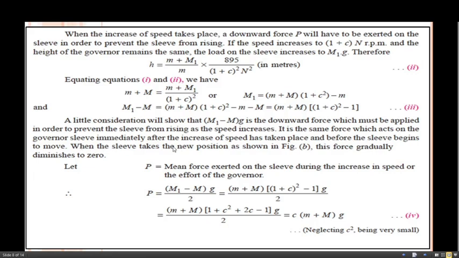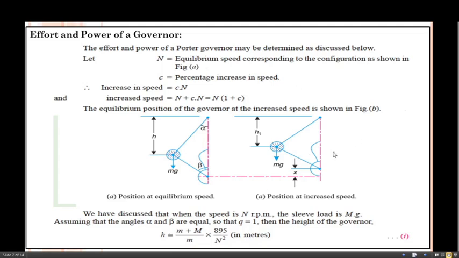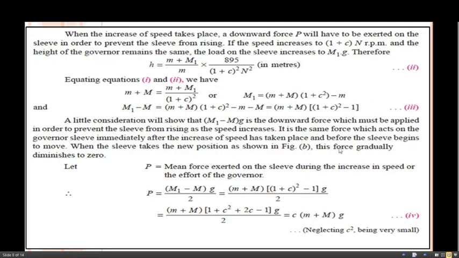When the sleeve moves to the new position as shown in figure B, this force gradually diminishes to 0. So let us consider P as the mean force exerted on the sleeve during the increase of speed, or the effort of the governor.